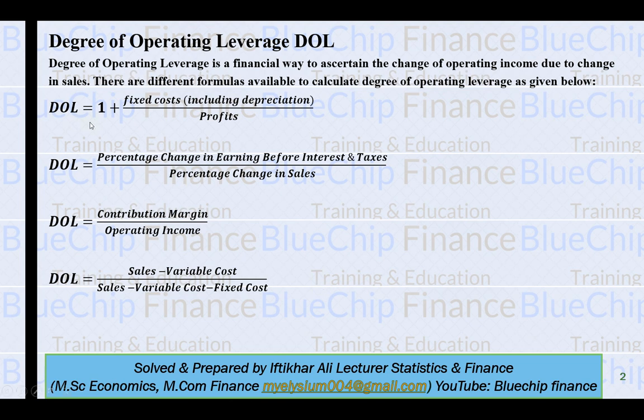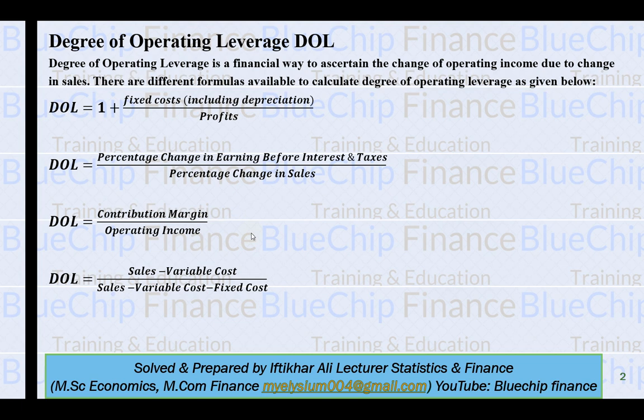As you are seeing, the first formula is 1 plus fixed cost including depreciation divided by profits. Another one is percentage change in earning before interest and taxes, EBIT, divided by percentage change in sales. Third way to calculate is contribution margin divided by operating income. And I hope that you are familiar with the calculation of contribution margin.